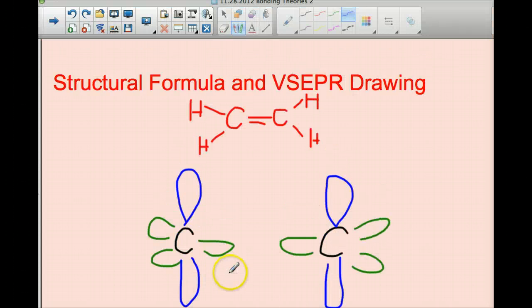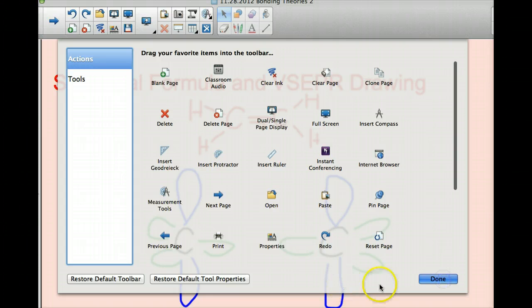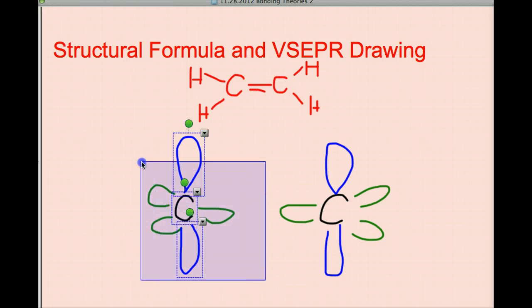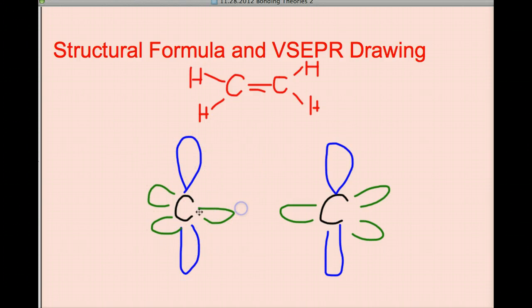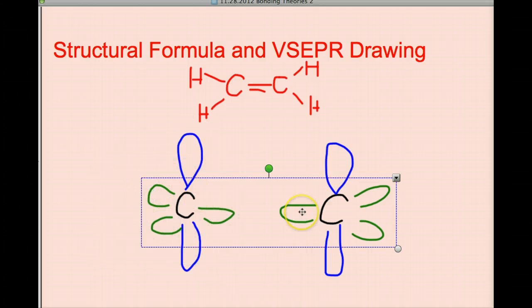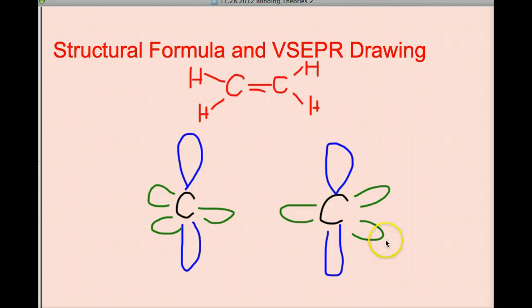So I'm going to group these so that it's easy to see what happens when I move them around. Oops, I want to group this whole thing. Okay, so unfortunately that's not going to work. But what we're going to see is we are going to create these bonds.